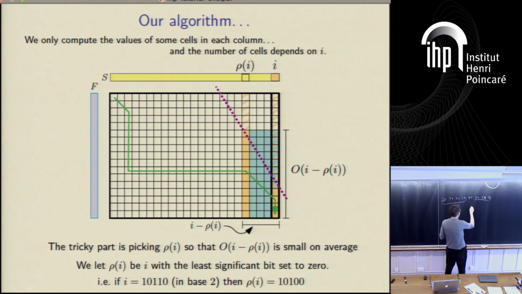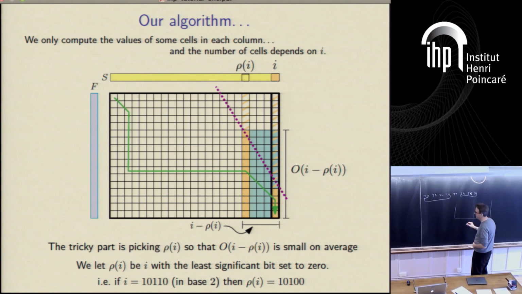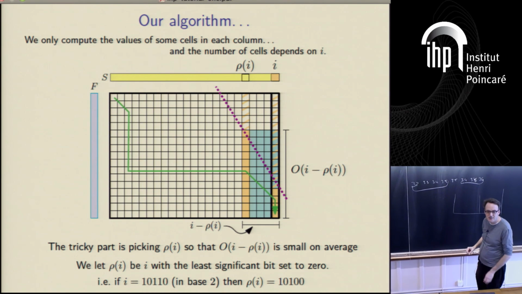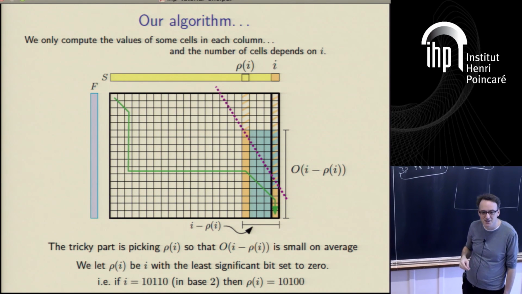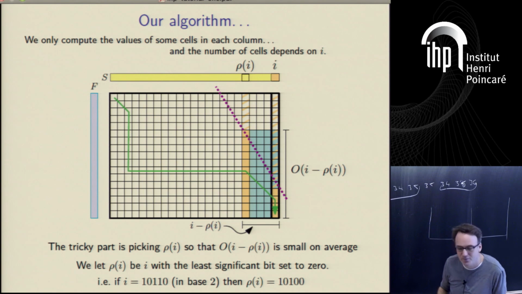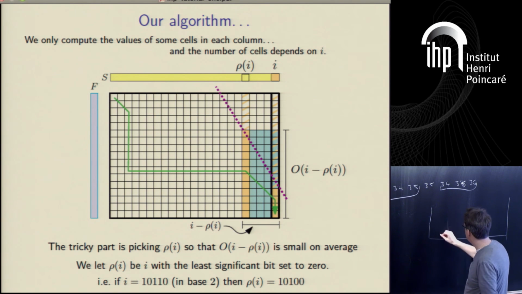So there's a nice picture, which I hope I draw as well as Ben draws it. The least significant set bit set to 0. Yeah, right. So each one of these things relies on something in the past.